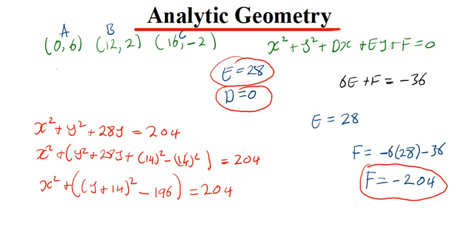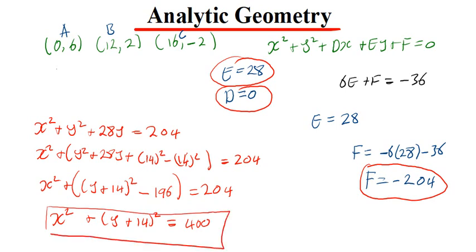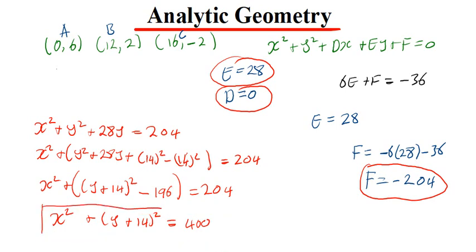So this is just going to be x squared plus y plus 14 squared is equal to, so 196, we add it to 204, we get 400. So this is what I get as the equation of the circle. If I've made a mistake somewhere, it might be in the computations, but the whole process that we have used here is correct.